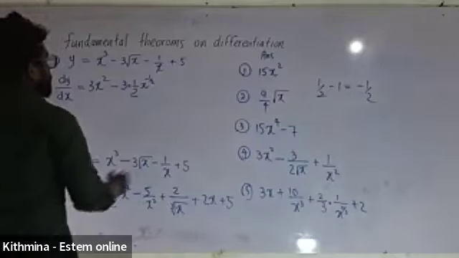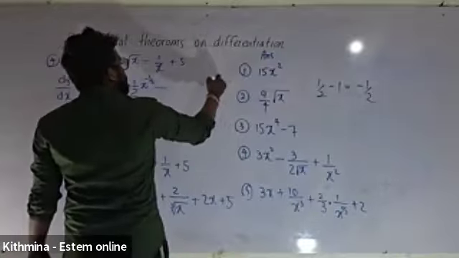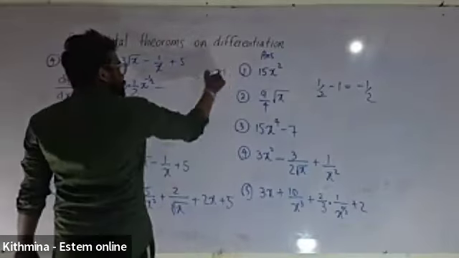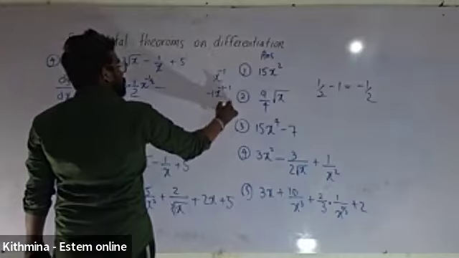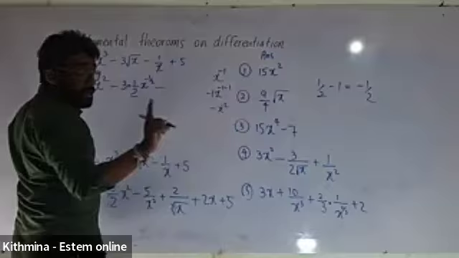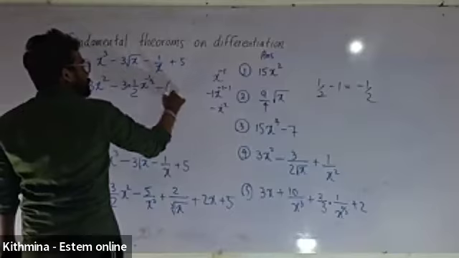Now this also, use rough papers. 1 over x means x to the power minus 1. Get this minus 1 in front, and x to the power minus 1 minus 1, so minus x to the power minus 2. Please be careful, this minus is here.